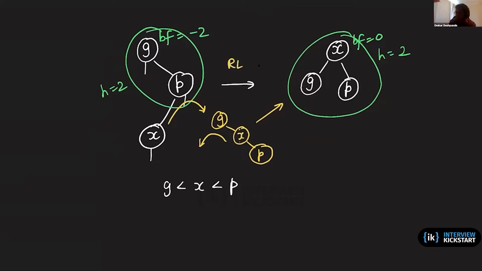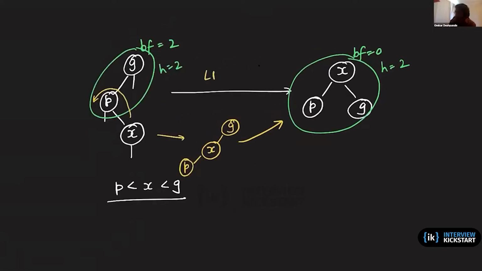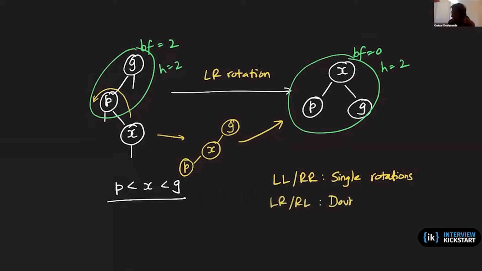So call this an RL rotation, but it's really a double rotation. And this would be an LR rotation, which is again a double rotation. Okay, so LL and RR rotations are also known as single rotations. LR and RL can be implemented as 2 single rotations in sequence.